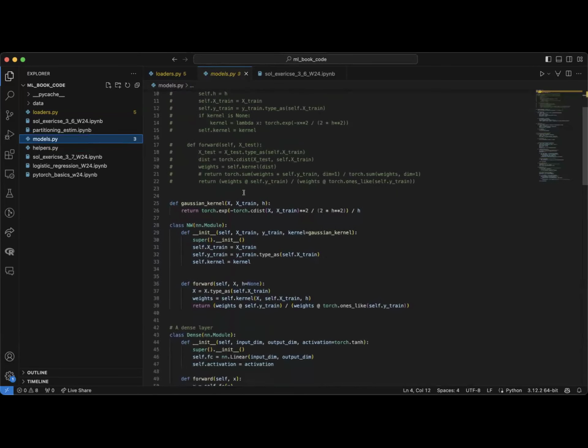It's a little bit over-engineered, let's say, but I wanted to introduce this because it's useful for future PyTorch development. So this is, for example, my version of implementing the Nadaraya loss.